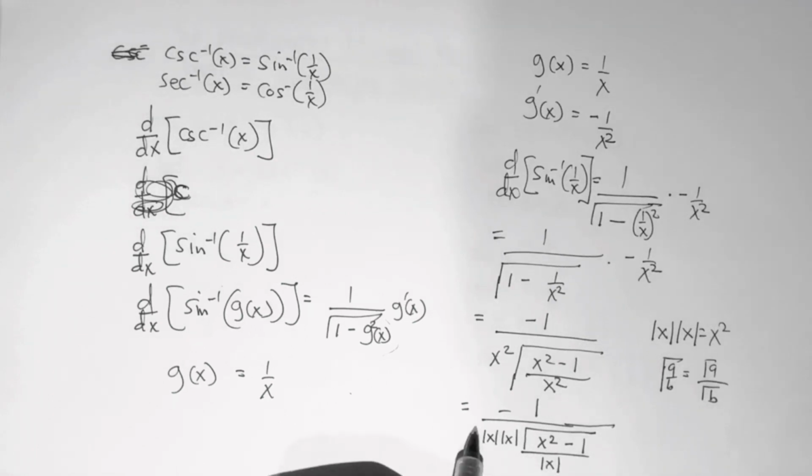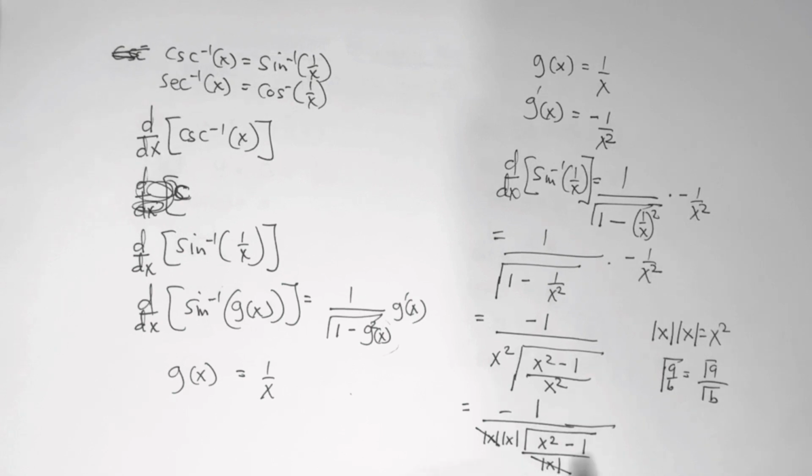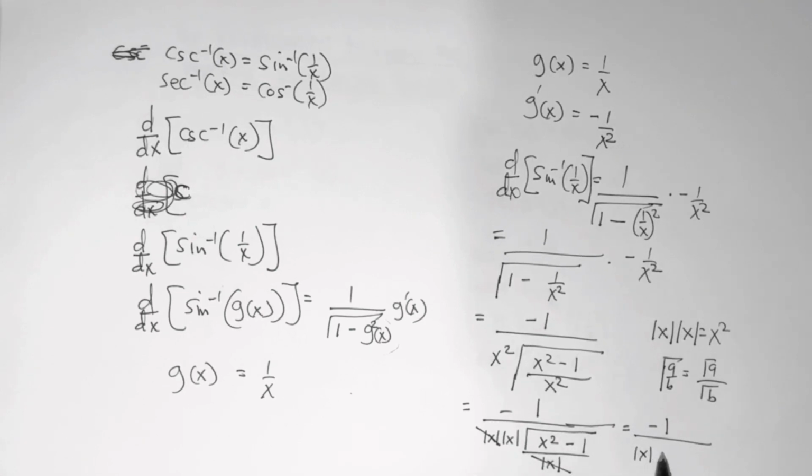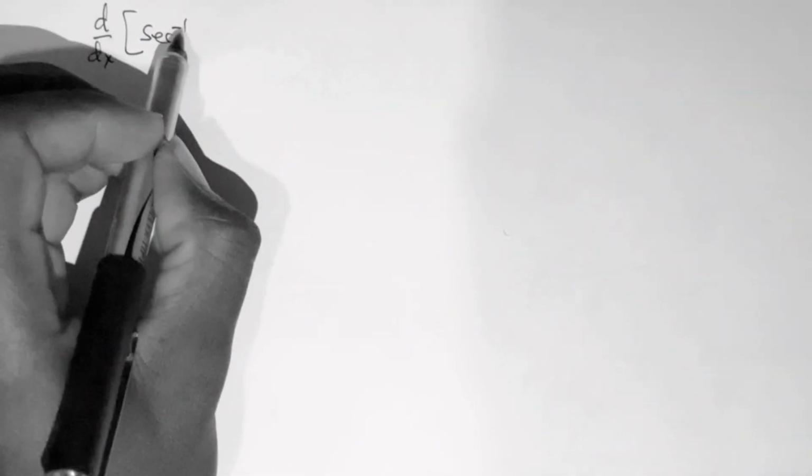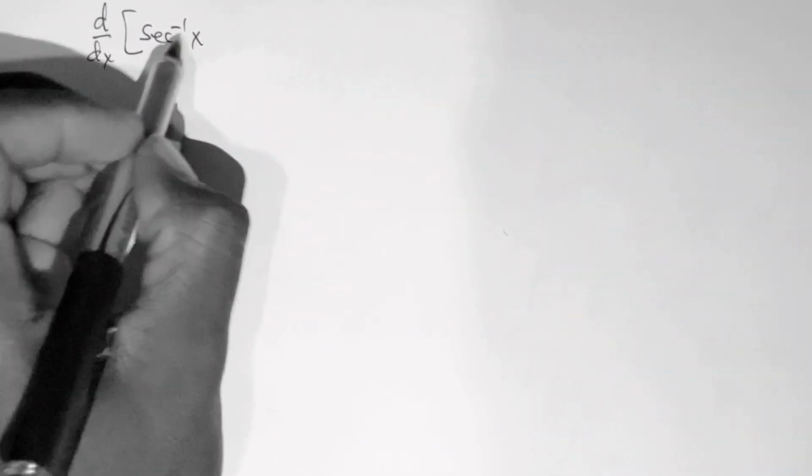So you see that this absolute value of x will cancel this absolute value of x, and at the end of the day we are going to get minus 1 divided by absolute value of x, square root of x squared minus 1. So using that same understanding, let's differentiate sec inverse of x.